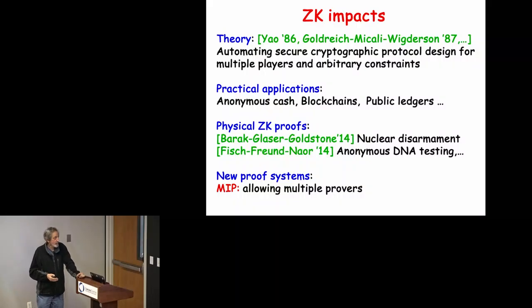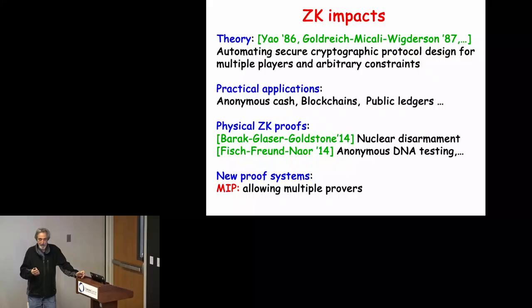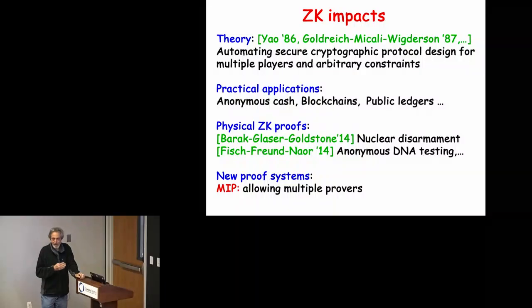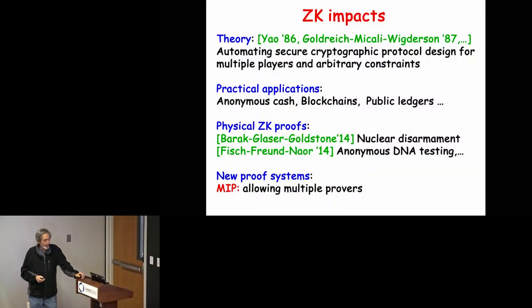In fact, 30 or 40 years ago, when I was giving talks about it, I said it's a theoretical idea that's sort of surprising, but it will never be implemented. And I was wrong. Enough motivation got people to actually simplify the protocols, and there are plenty of applications which today use zero knowledge.